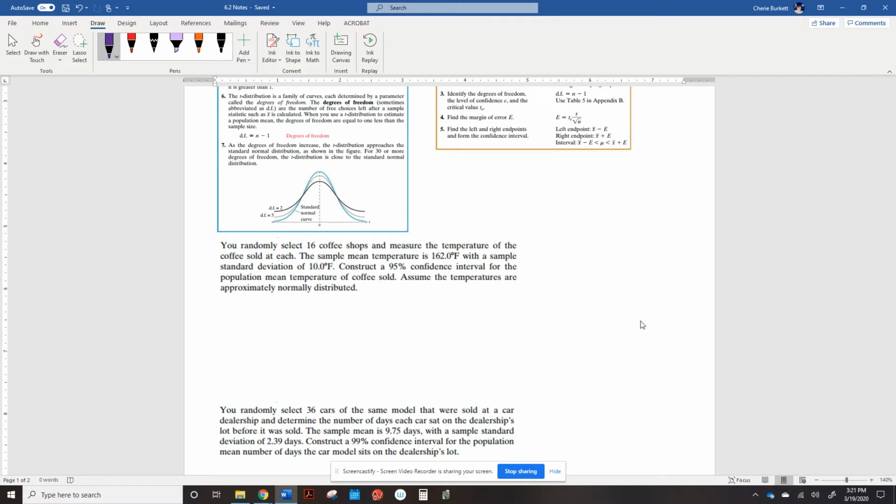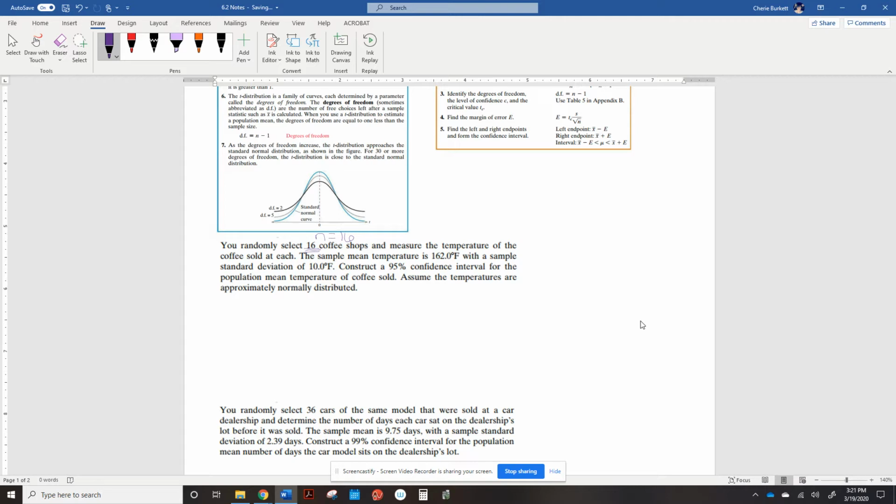So you read the problem: you randomly select 16 coffee shops. So this is going to be your sample size. And that's how you know you're dealing with a sample, because it's not all coffee shops, it's just 16 of them. And measure the temperature of the coffee sold at each one.